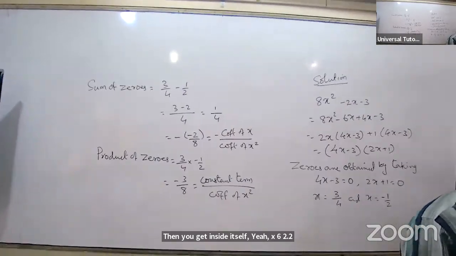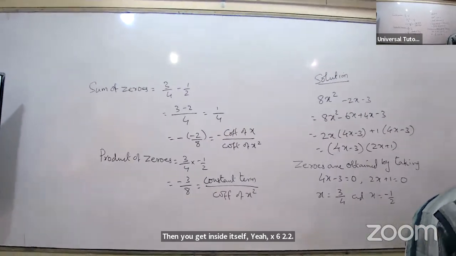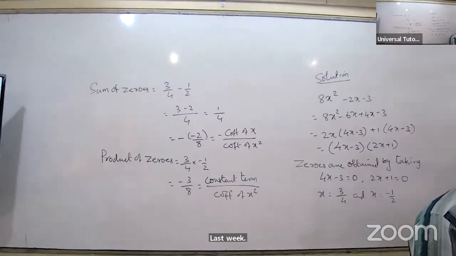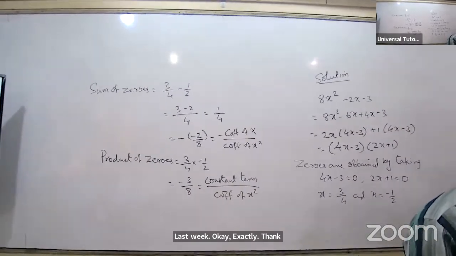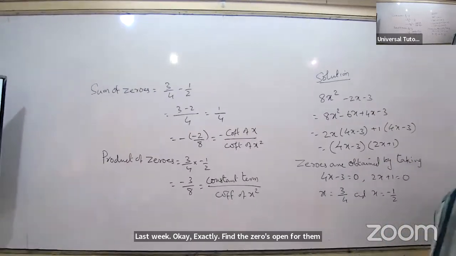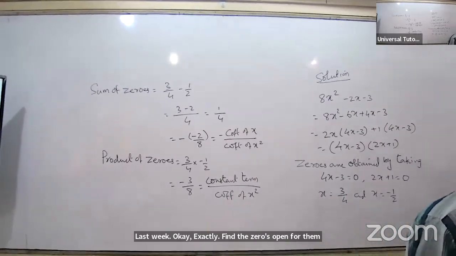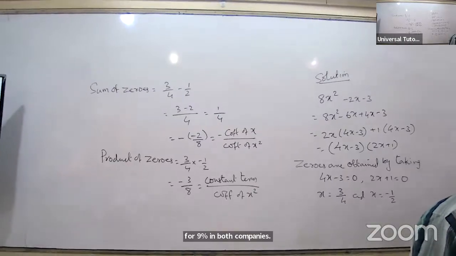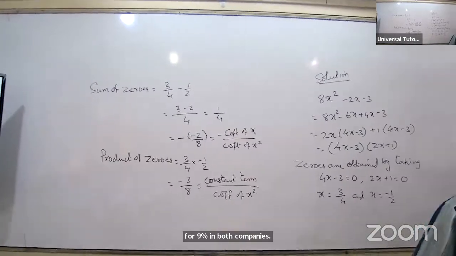Last one. Okay, question number 1. Read, Kathy, read. Find the zeros of the following quadratic polynomials. Verify the relationship between the zeros and the coefficients. Same way. So the first one is 4s square minus 4s plus 1.